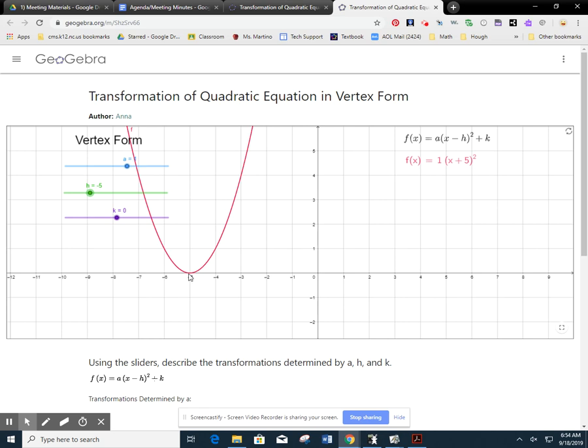But in the equation, when you plug in x minus negative 5, it becomes x plus 5. So this is what we would see in the equation. When h moves to the left and h is negative 5, the equation will say x plus 5. So h is a little bit tricky.